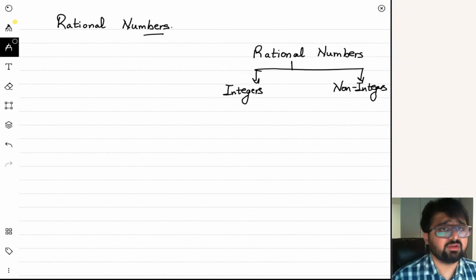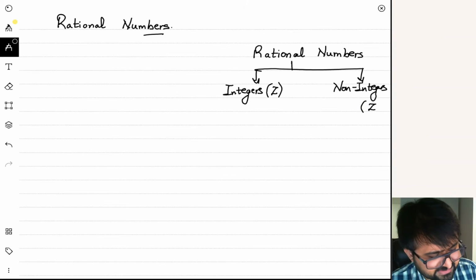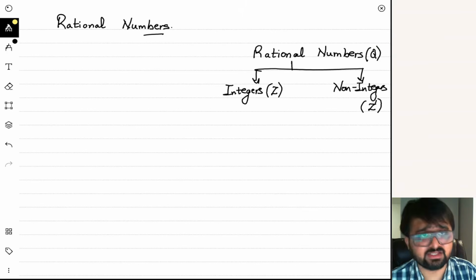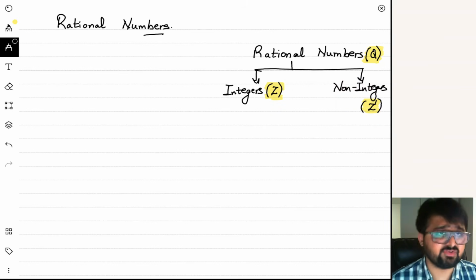Integers are represented with Z and non-integers are represented with Z dash. Remember, the rational numbers are represented with Q. I'd like to highlight those notations. So rational numbers are represented with Q, which are further classified into integers and non-integers. Integers are represented with Z, non-integers are represented with Z dash.